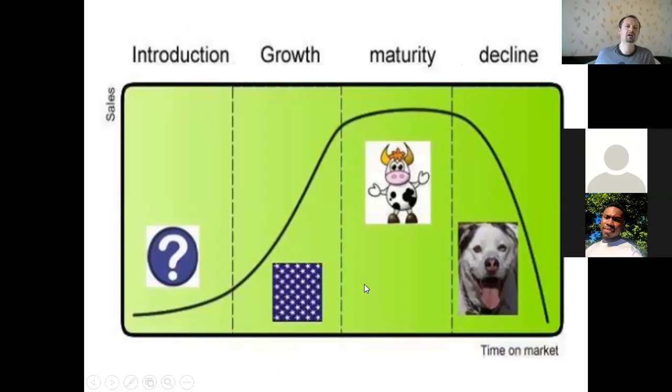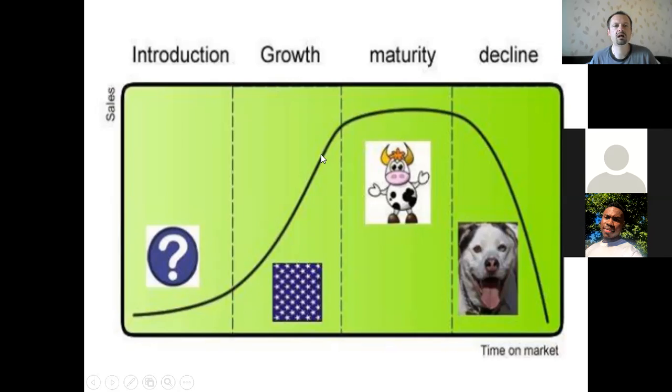Generally, it is rather important to understand and to combine the names of these boxes. This is the curve of maturity. So when we are at introduction, when we have some new industry, we don't know exactly whether it will grow or not, so it is a question mark.